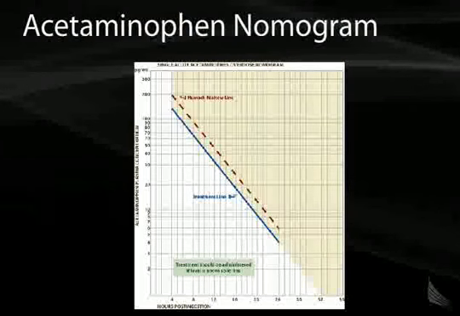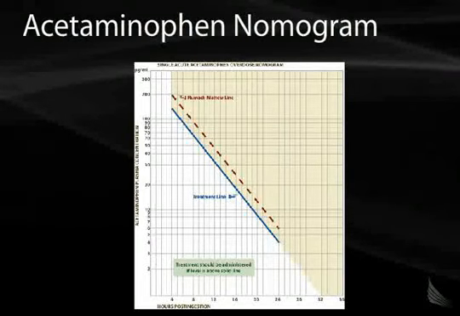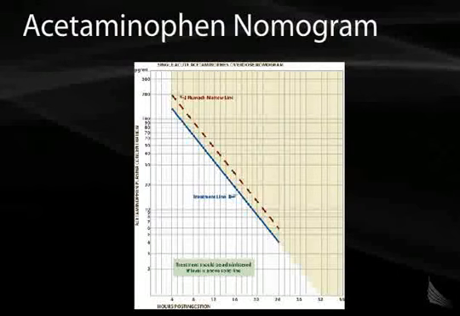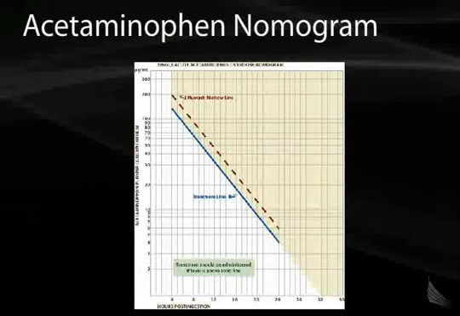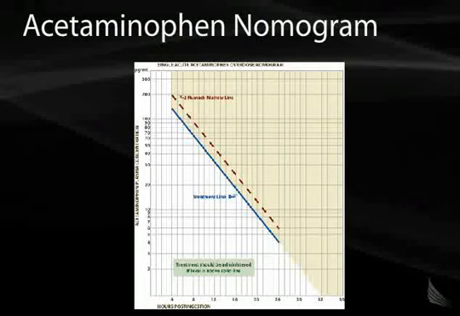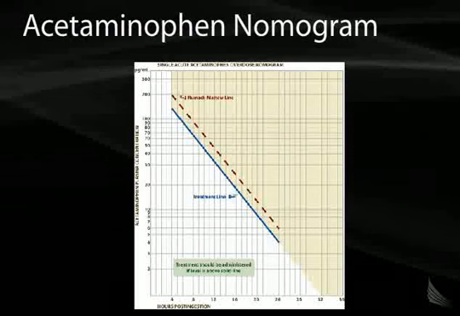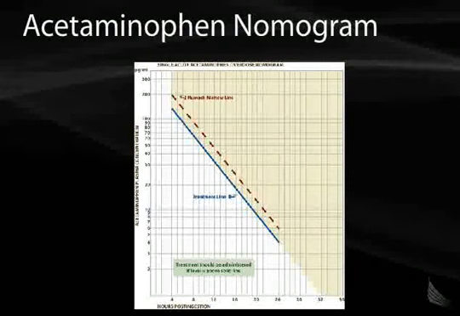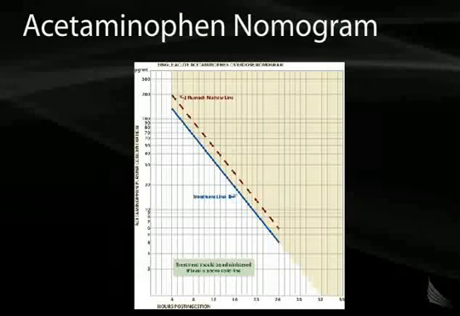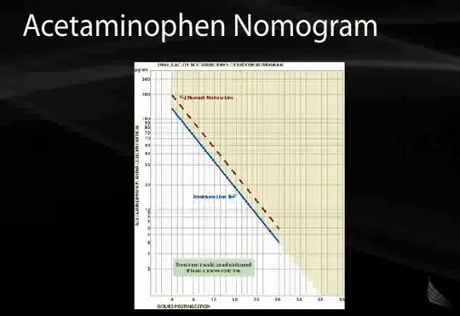If they say 4 hours ago is when I took it, then you can extrapolate up, and if their plasma concentration falls below this line, you do not treat. DNT, do not treat. If their plasma level is above the solid line, then you treat them. And you treat them with Mucomyst, with an N-acetylcysteine.